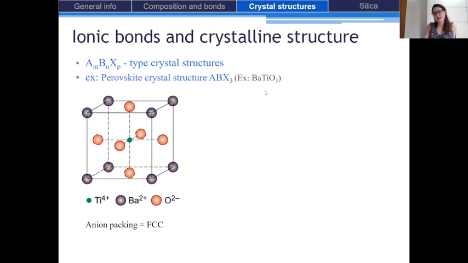And so in that case, we need to find the right place for each of these ions. Here is the representation of the unit cell of the perovskite crystal structure. As you can see, it becomes a little bit more complex. We are not going to focus on such kind of material, but it is for you to know that by applying the first rule and the second rule, we are now able to go to more complex unit cells.